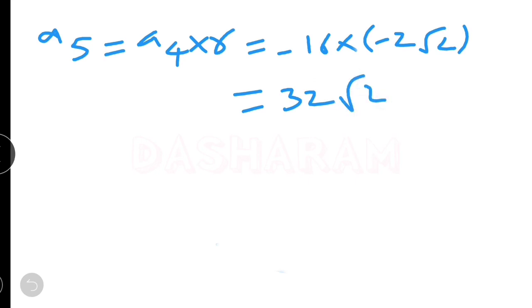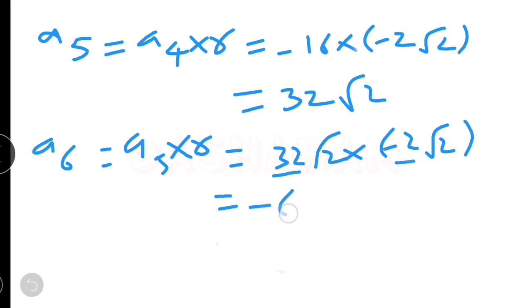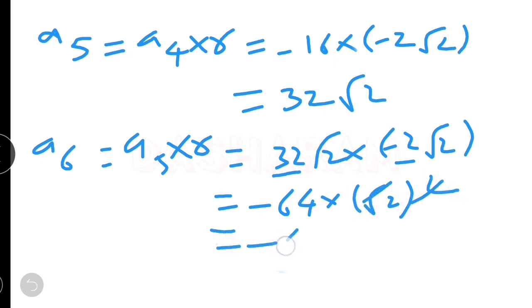So A5 is 32 root 2. Next term A6 means A5 into R. A5 is 32 root 2 and R is minus 2 root 2. 32 into minus 2 is minus 64, and root 2 into root 2 is root 2 square. The square root cancels, minus 64 into 2 is minus 128. So these are the 3 terms.